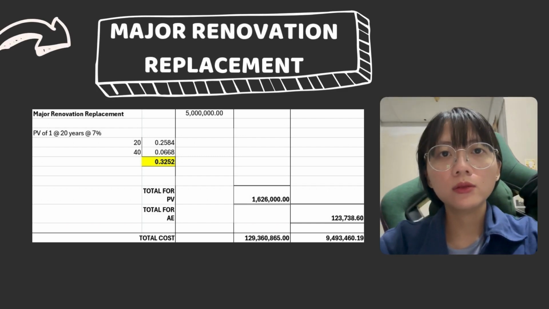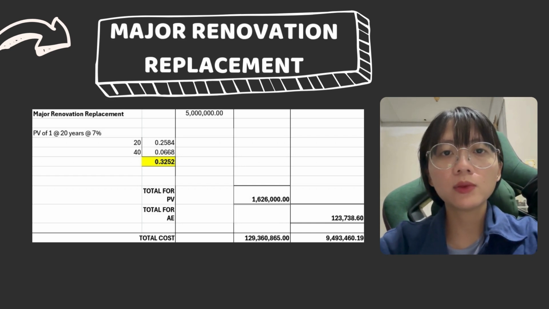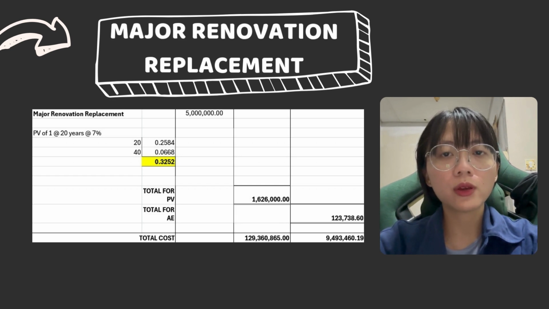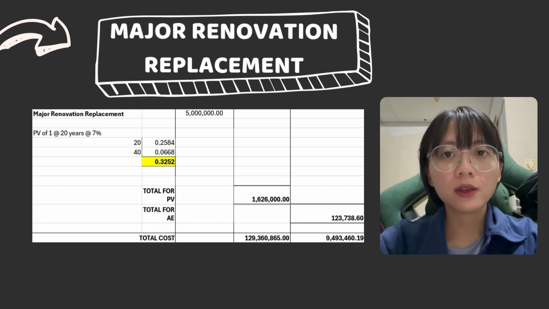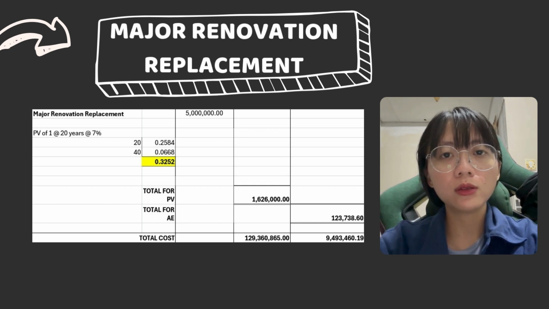Now, moving on to the major renovation replacement, the estimated cost for the major renovation is 5 million ringgit Malaysia. Major renovations are scheduled every 20 years, specifically in year 20 and 40, to restore and upgrade the building's major components and systems.